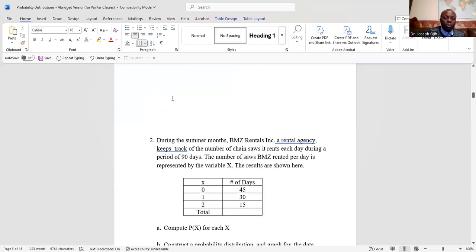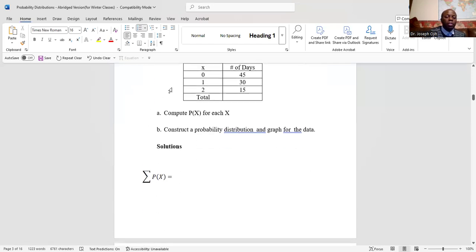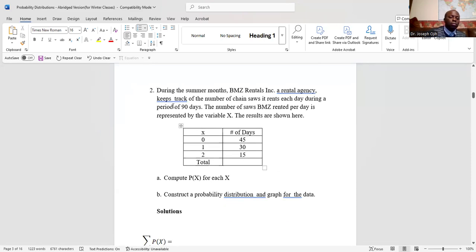Now, look at this example here. It says, during the summer months, the BMZ Rental Incorporated, which is a rental agency, keeps track of the number of chainsaws it rents each day during a period of 90 days.